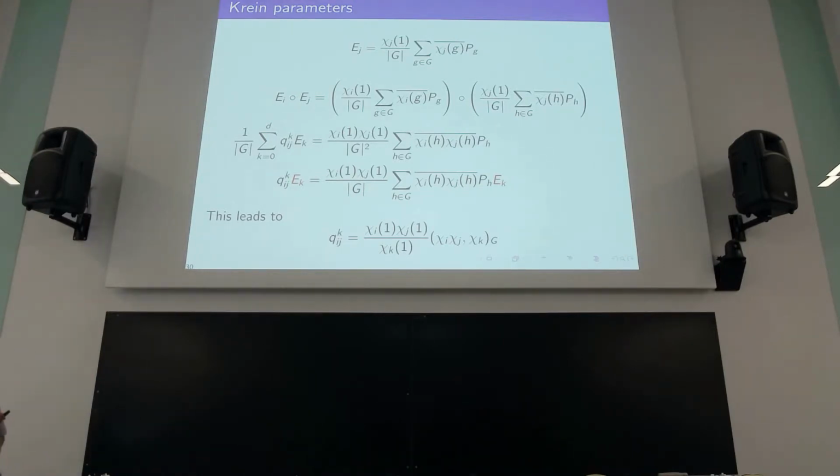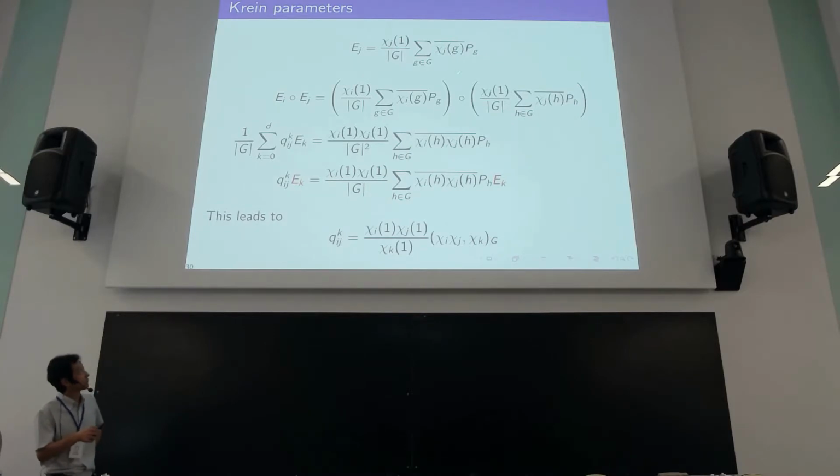So this gives the expression for Qijk times the primitive idempotent Ek. Well, I won't give you the detail, but here you still have to compute using the formula that this Ek can be written in this place.